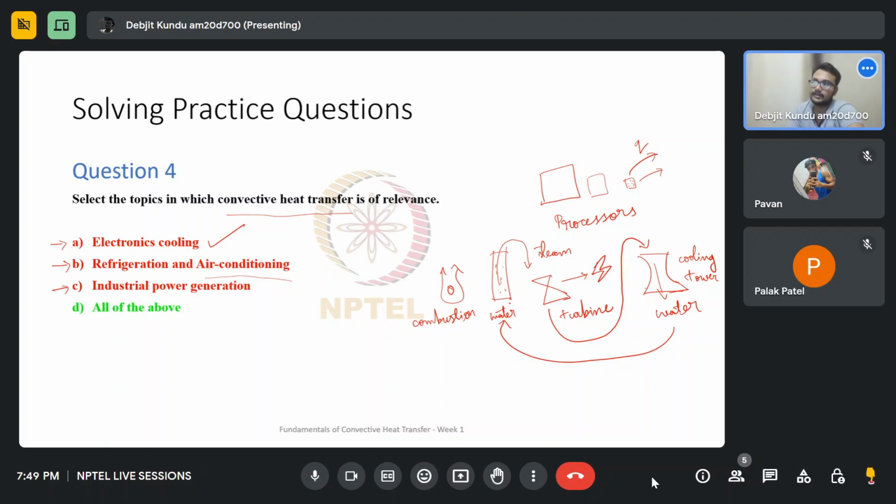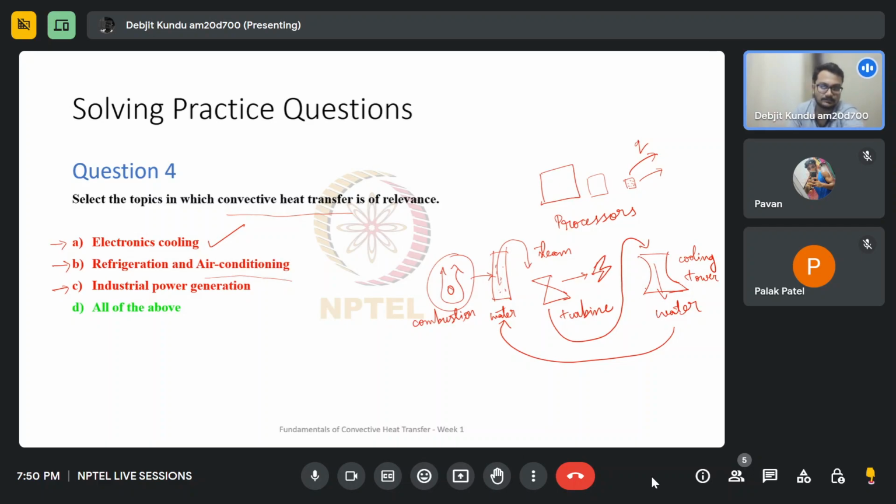So in each and every step of it, be it in the combustion chamber, be it in the heat transfer from the combustion hot products to the water, and this water eventually becoming steam, that steam passing through the turbine, then that steam being cooled back to water.